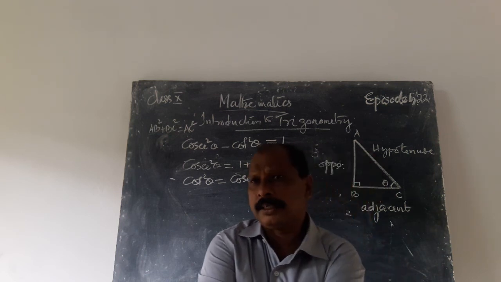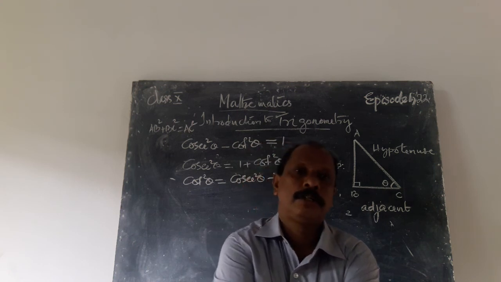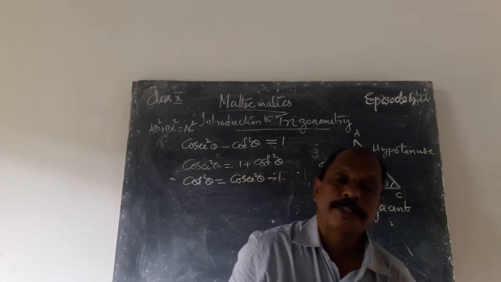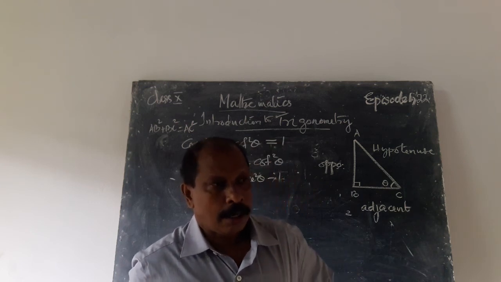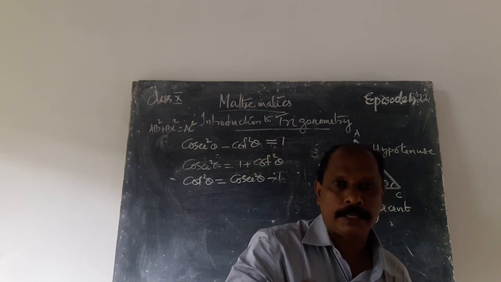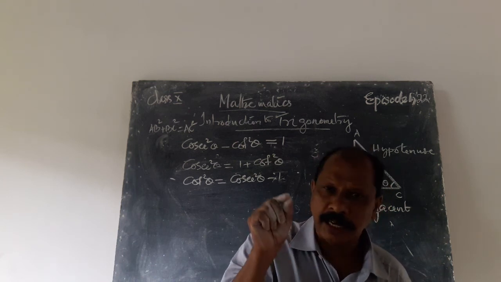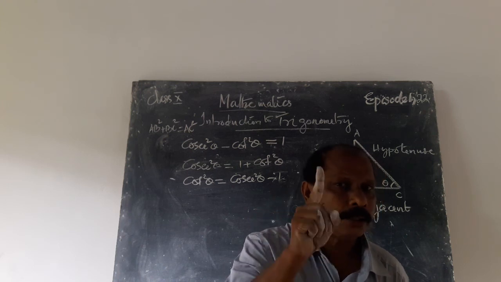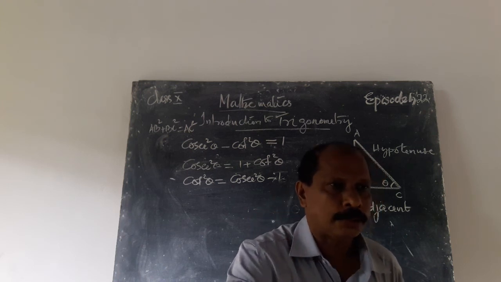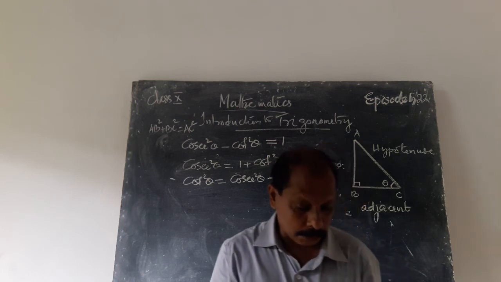Then by cross multiplication we get sin theta into cosec theta is equal to 1, cos theta into sec theta is equal to 1, and tan theta into cot theta is equal to 1, which implies that the product of any trigonometric function and its reciprocal is 1.